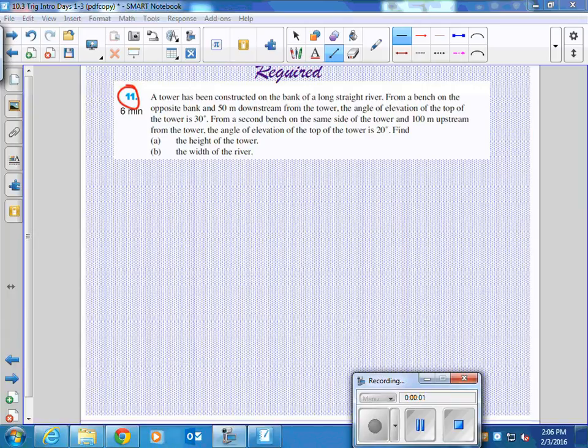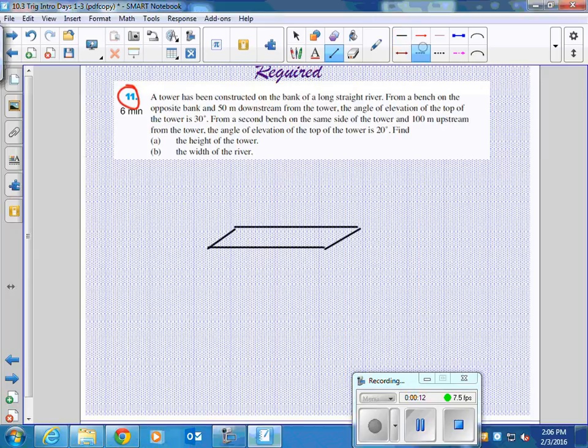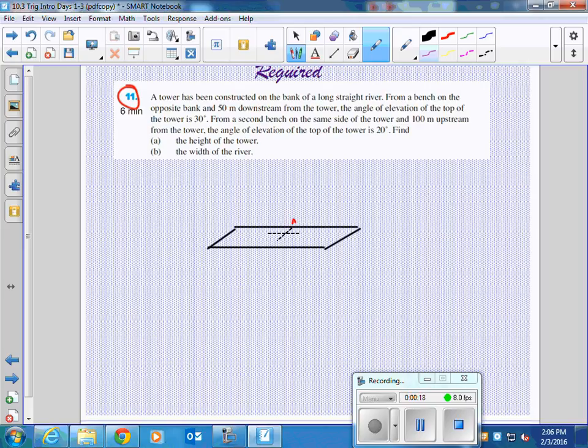When you're doing any tower problem, I would start off by making a parallelogram like this. And then you can do this little compass thing. So here's your north, south, east, west.